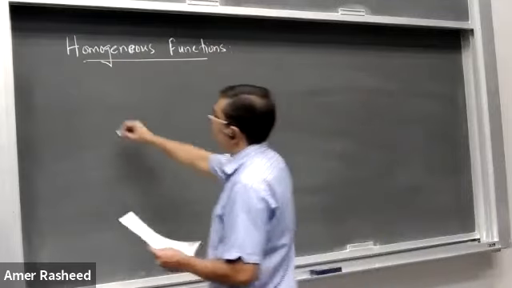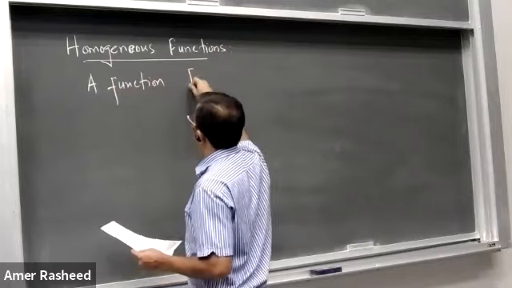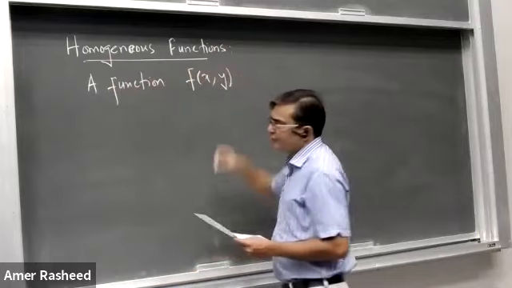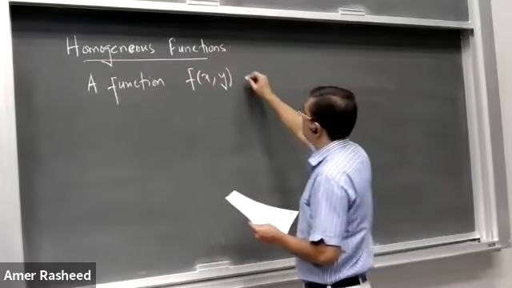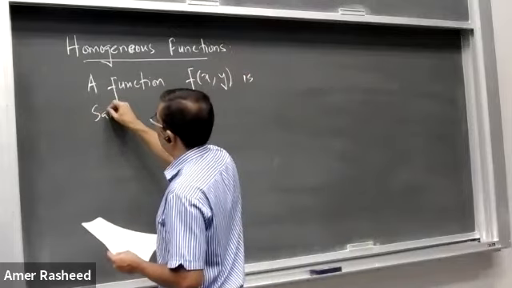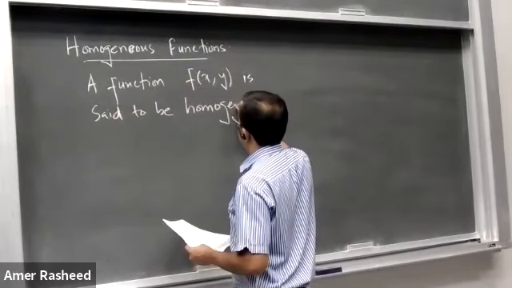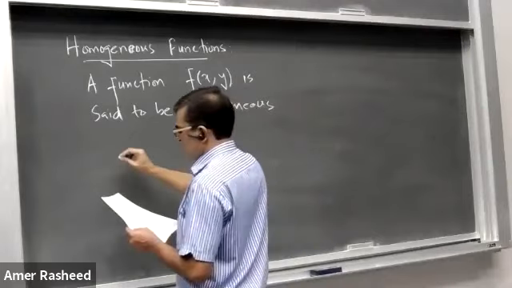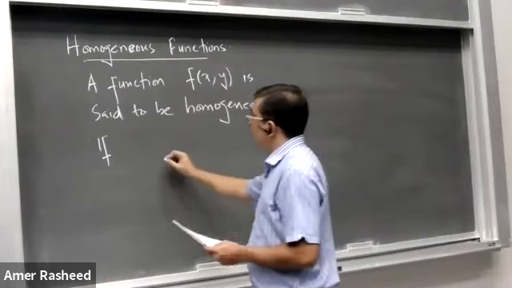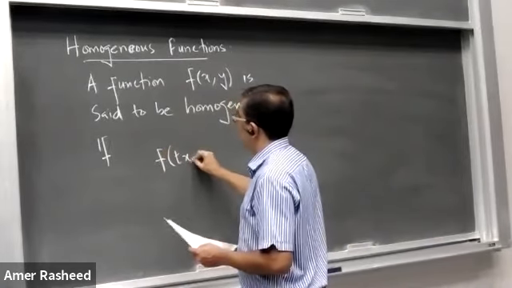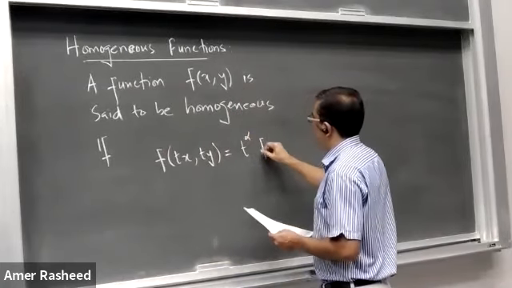A function f of x, y of two variables, which contains two variables x and y, is said to be homogeneous if it satisfies the following property. F of tx, ty is equal to t power alpha f of x, y.